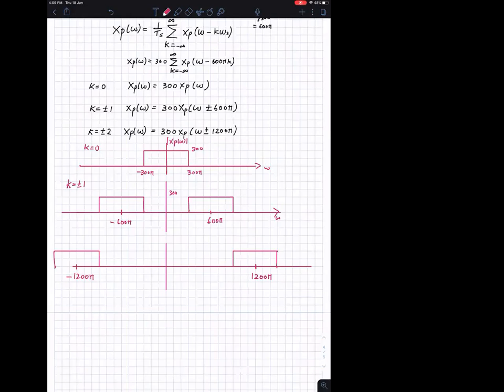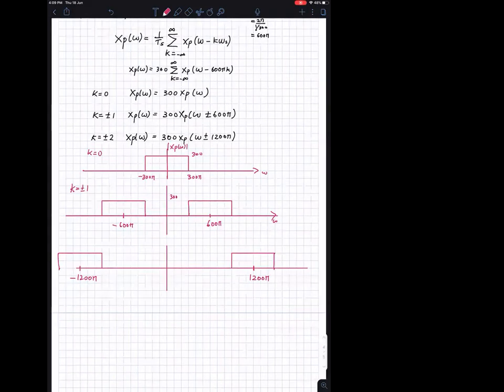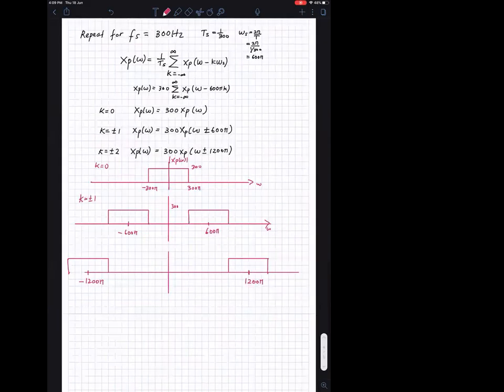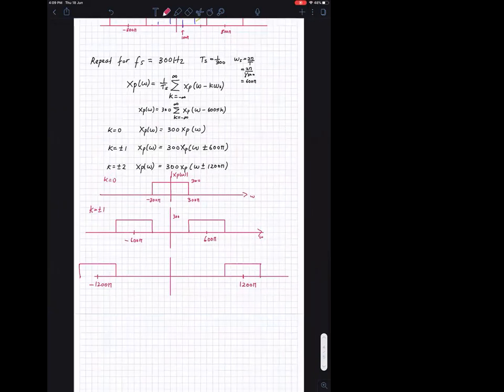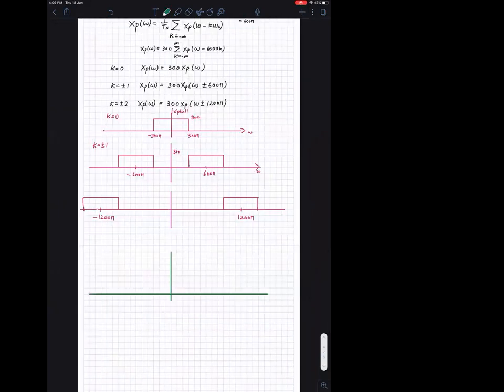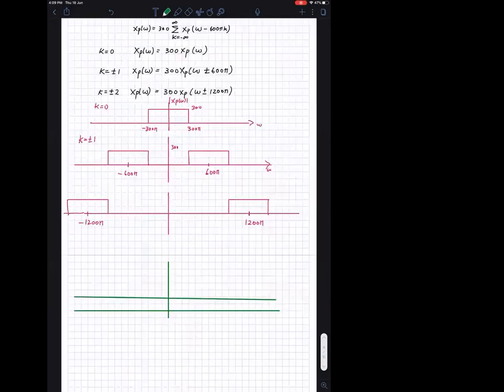If I add them all up, you can see it's going to be a straight line.